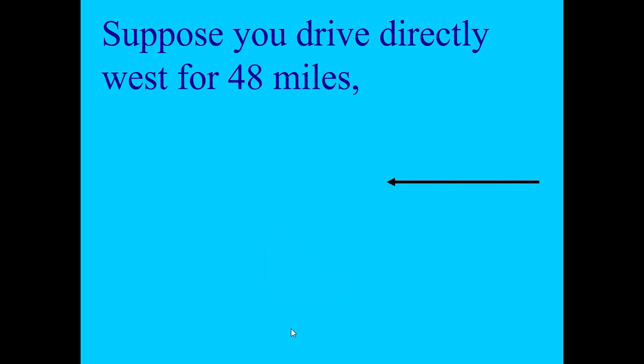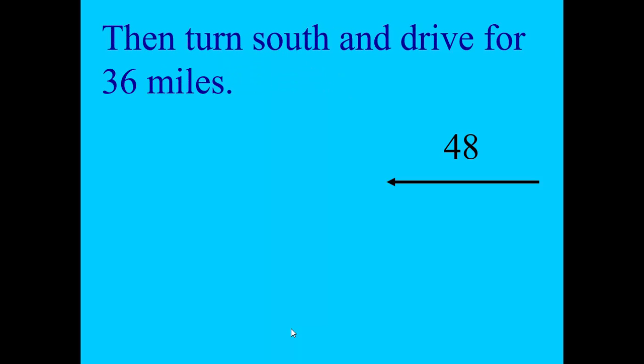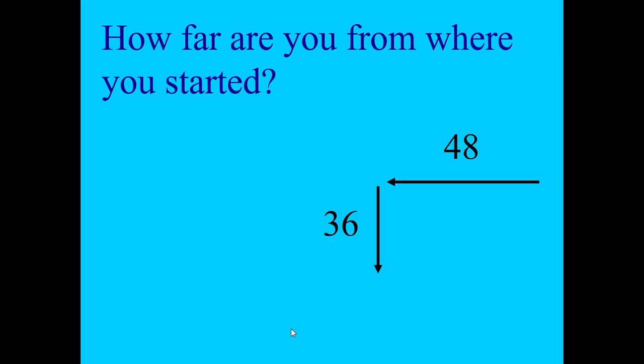The best part about the Pythagorean theorem is that it is something we would use a lot of times. So let's suppose we drive directly west for 48 miles, and then we turn south for 36 miles. What we want to know is how far you are from where you started.